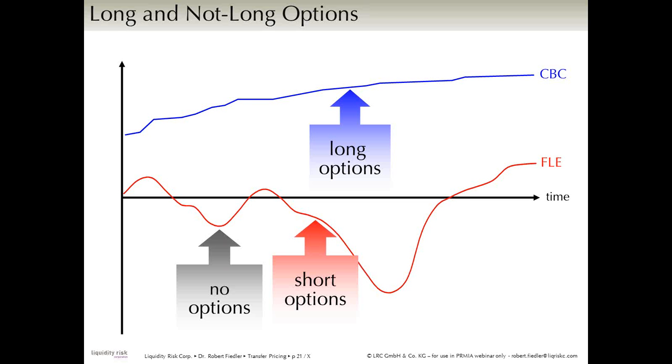That means if you're doing scenarios later, you can say, okay, I have exposures for the FLE, no options and short options, and there are different scenarios for the exposures, but in every scenario I can hold against that the counterbalancing capacity, and even for one exposure scenario I could look how it would work out to use different strategies, different counterbalancing capacities.